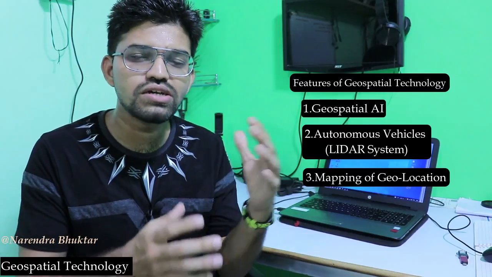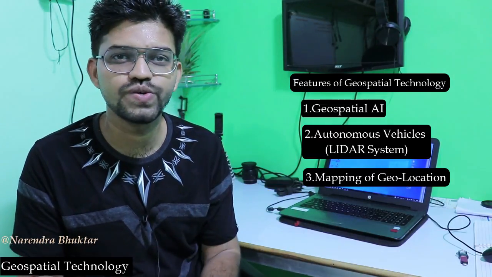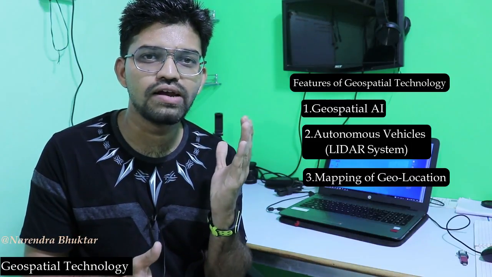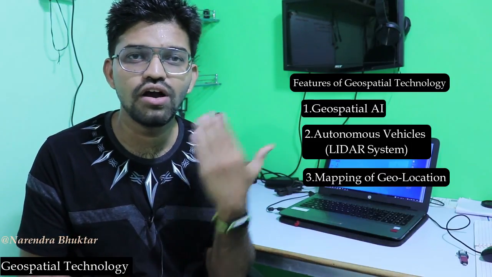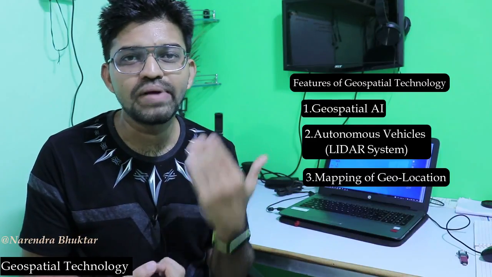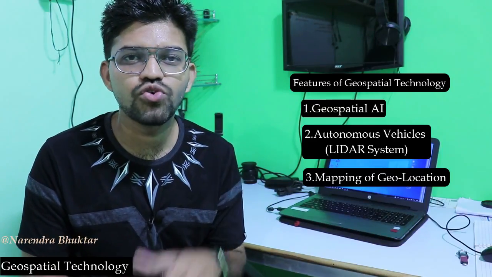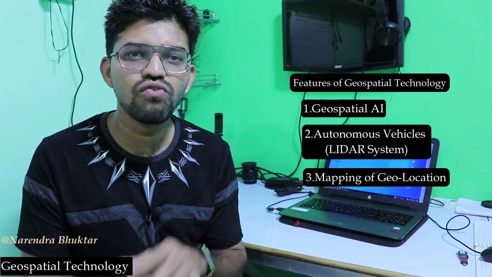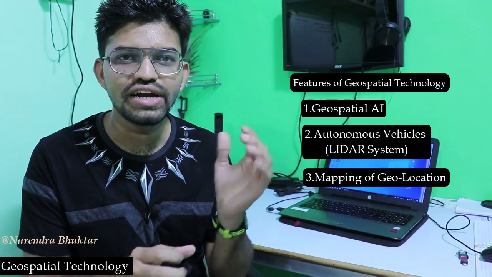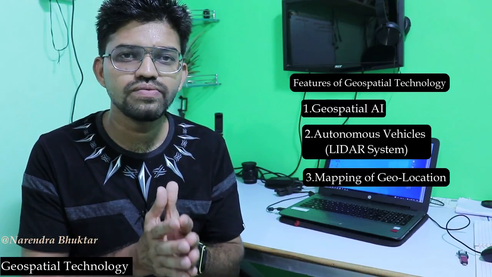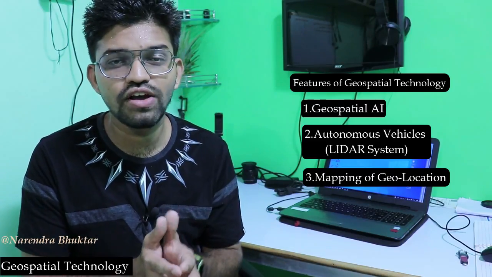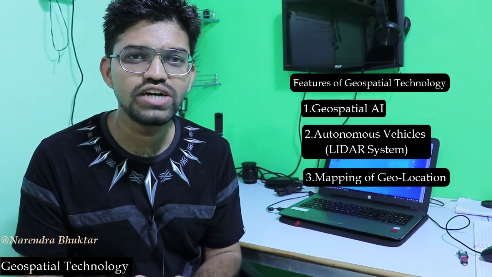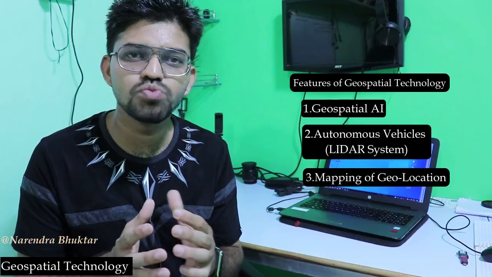That comes under geospatial technology, and this mapping industry is estimated to be around $8 million by the year 2025. Also there are weather satellites that give you weather information related to a certain geographical area. So guys, in this video I have tried to explain geospatial technology.